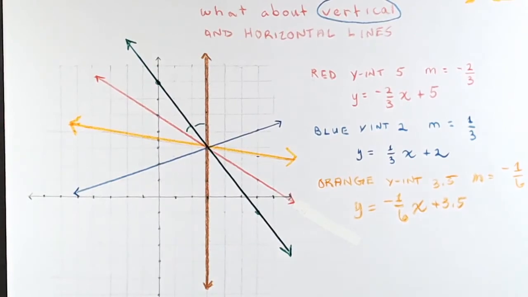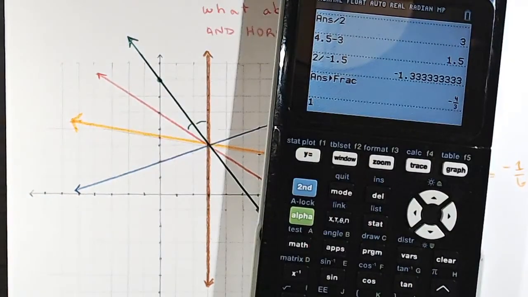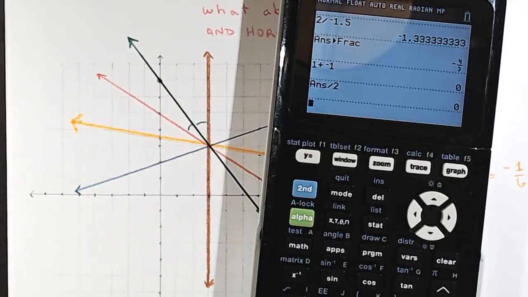So what is the average there? 1 plus -1, aha, is 0. Yes, and I can't divide that by 2. All right, it would be 0.